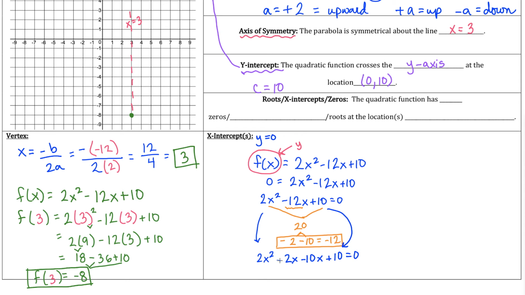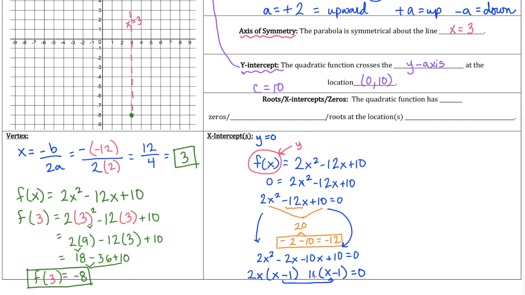I can factor out a 2 from here. Oh, and an x. So 2x times x is 2x squared. 2x times, so minus 1. I'm going to copy this. Equals 0. Okay, so what times x minus 1 gives me -10x plus 10?